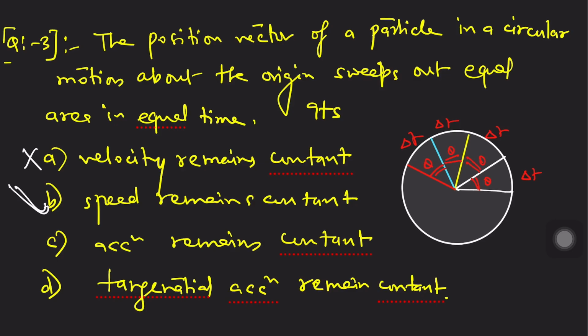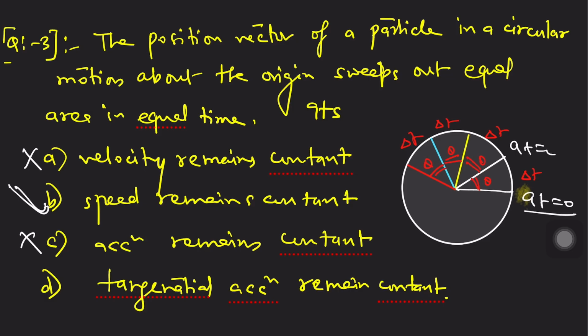So it is not possible that it has the same acceleration throughout the motion. What about the tangential acceleration? If speed remains constant, then a_t will be 0.